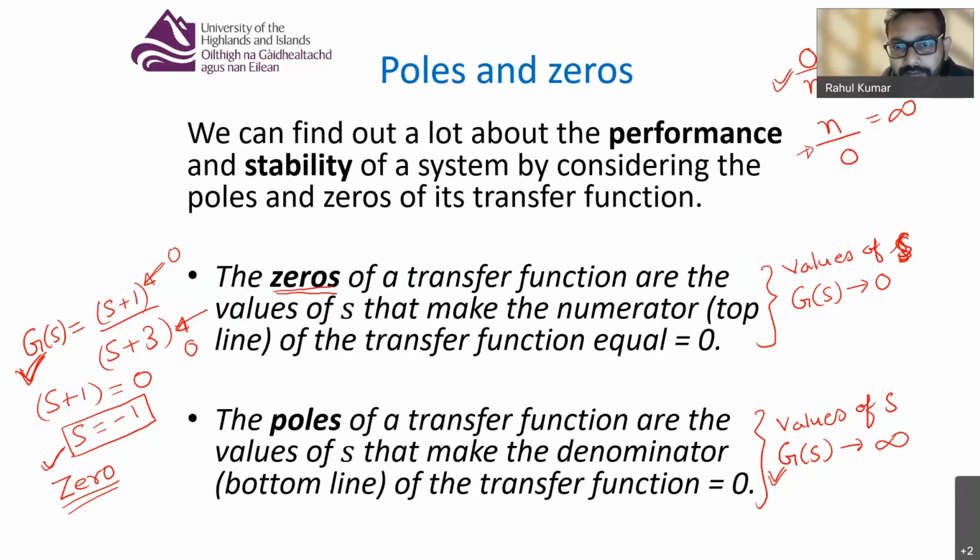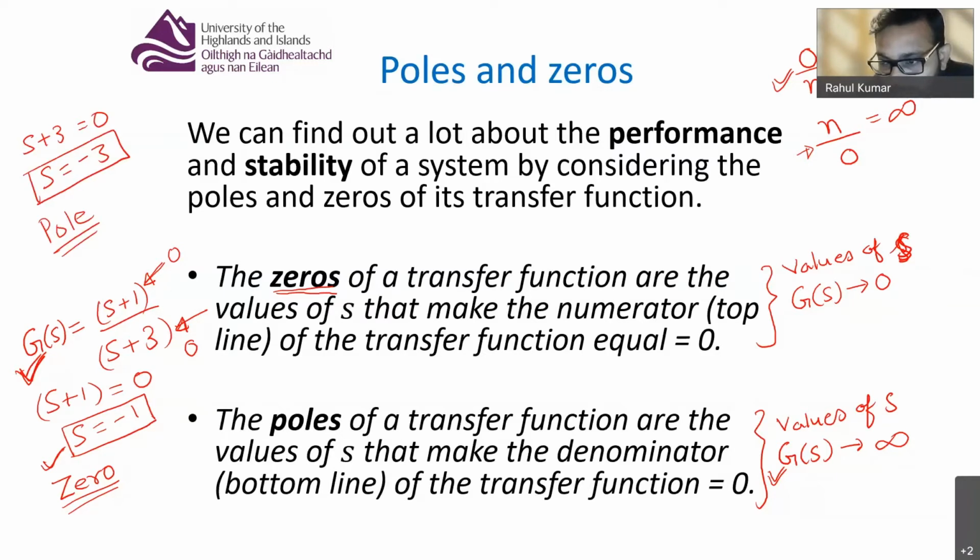So the bottom line should become equal to 0. In that case, if s plus 3 becomes 0, my transfer function will be infinite. So s equals minus 3 is my pole of the transfer function.